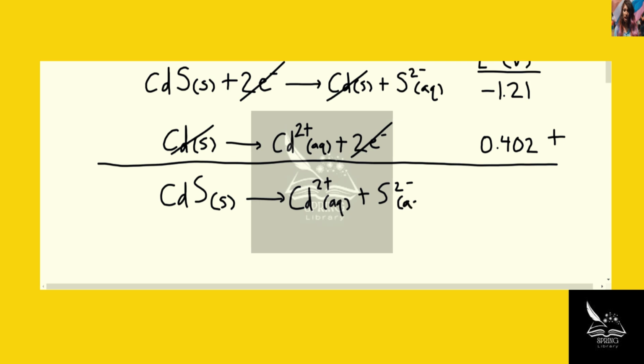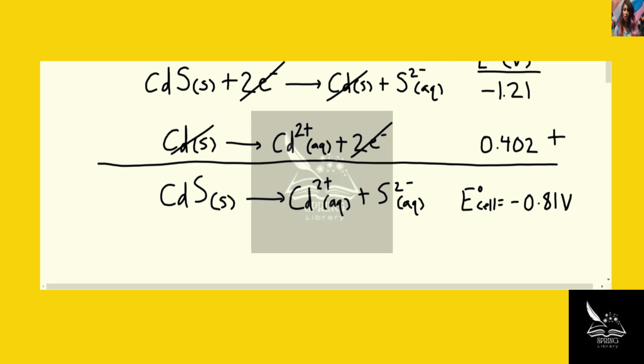And that matches what we said is the solubility reaction for CdS. And now when we add those potentials together, we see that the overall cell potential at standard conditions comes out to negative 0.81 volts.